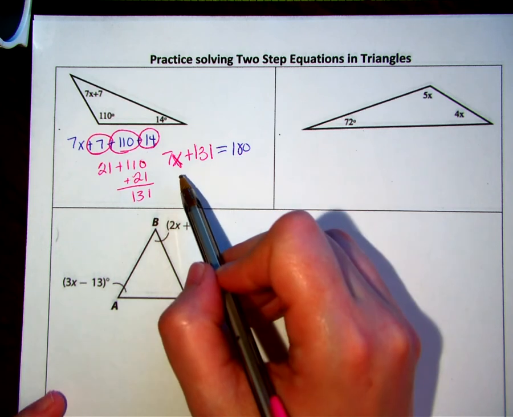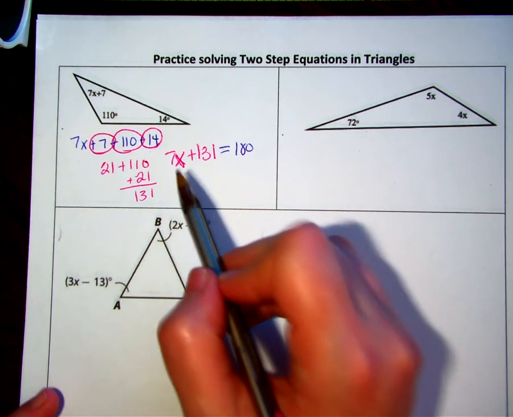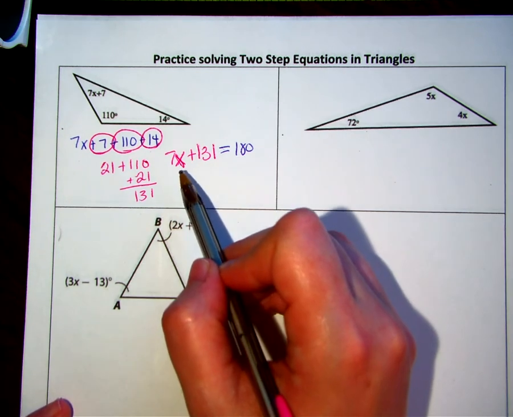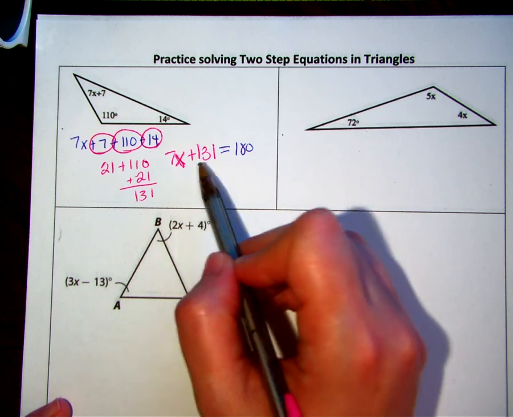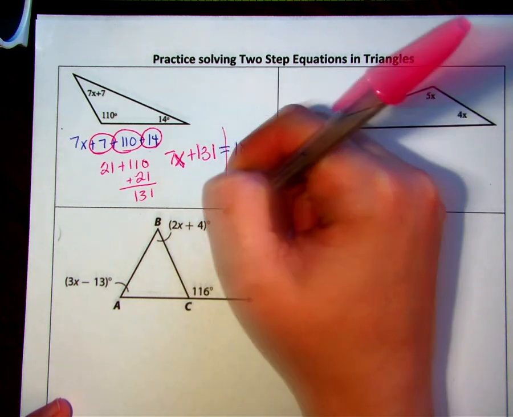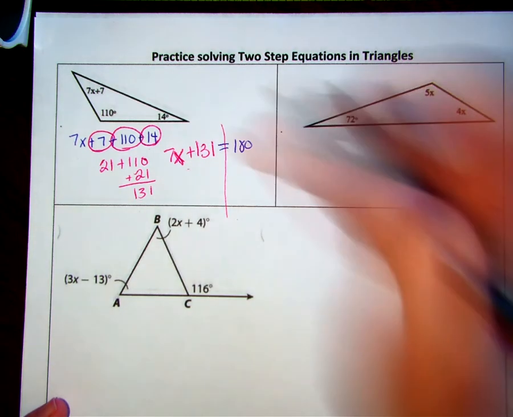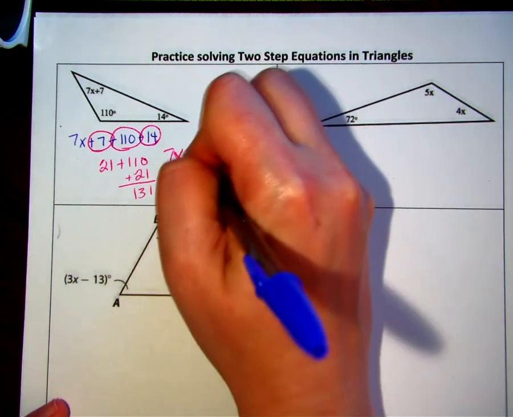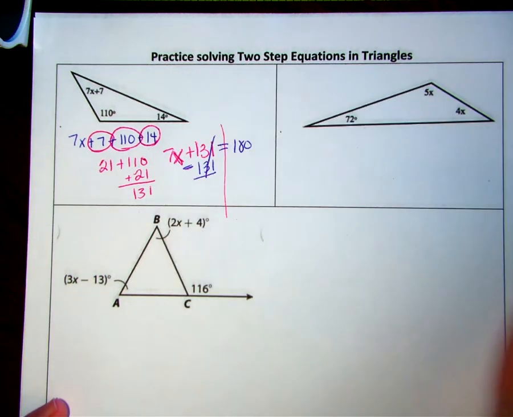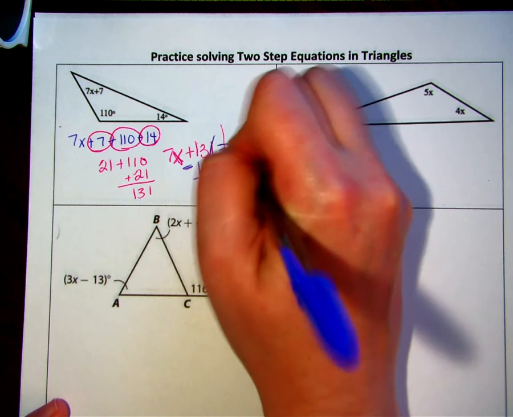Now you're going to try and isolate the x. The only way you're going to do that is you're going to work whatever number is furthest from the x first. So remember, we would put this line to isolate the x. So you're going to subtract 131 from itself to cancel it. 131 from 180.